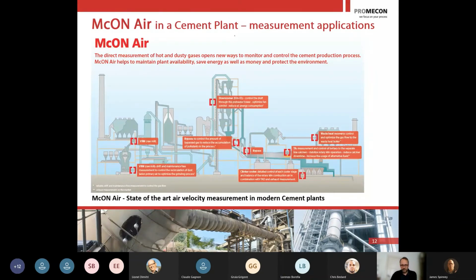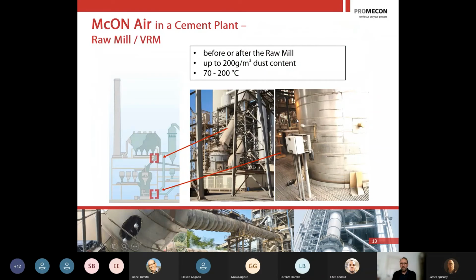One of the examples here is the vertical roller mill, the raw mill. You can install it before and after the raw mill. Usually we find up to 200 grams per cubic meter dust content after the mill, but as I explained before, it could be higher. So if you're using a different air to dust ratio, then of course it can be applied.